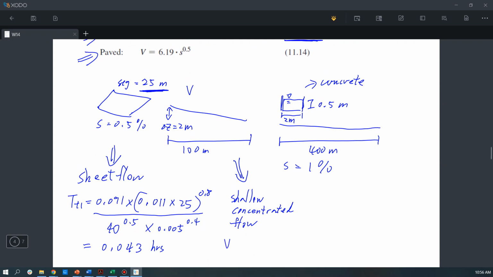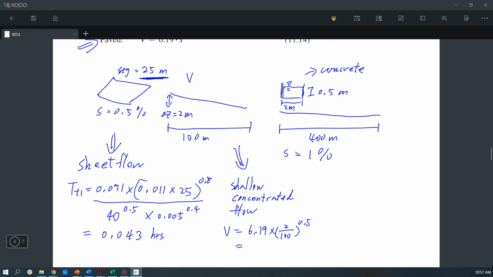So V equals 6.19 times the slope, that is 2 divided by 100, to the power of 0.5.